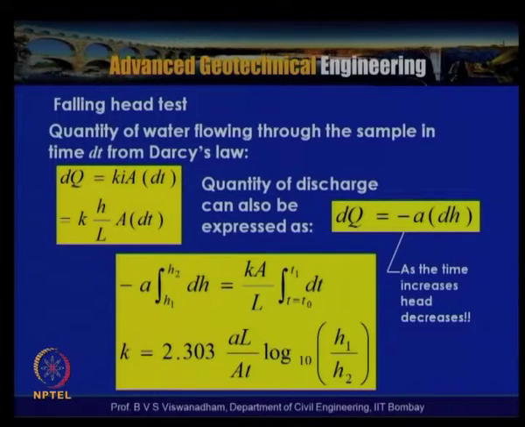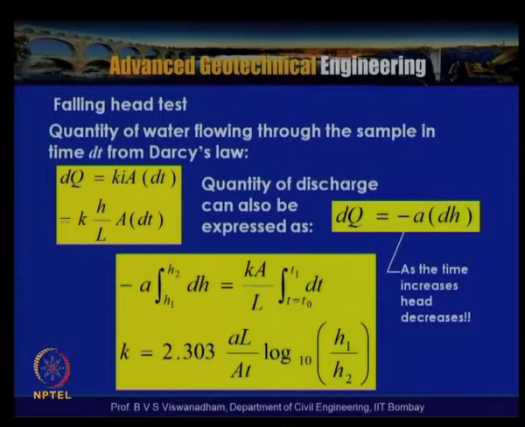The quantity of the discharge can also be expressed in terms of the small cross section of the pipe. When there is a drop of water from H1 to H2, where H1 is greater than H2, dq is equal to minus a into dH.